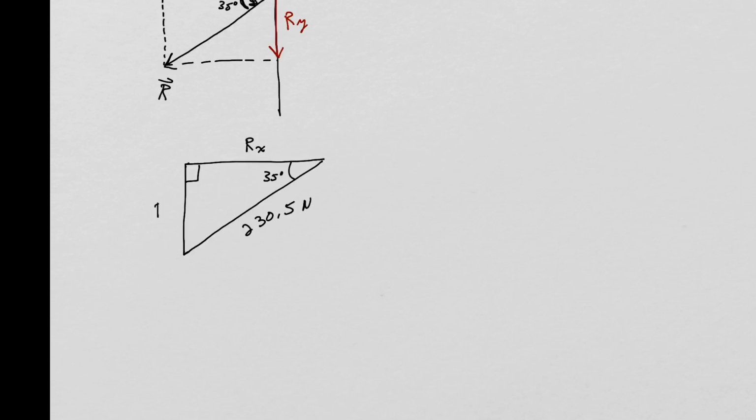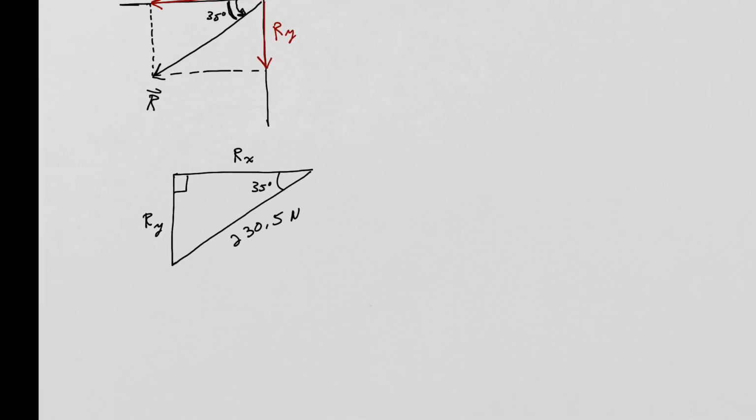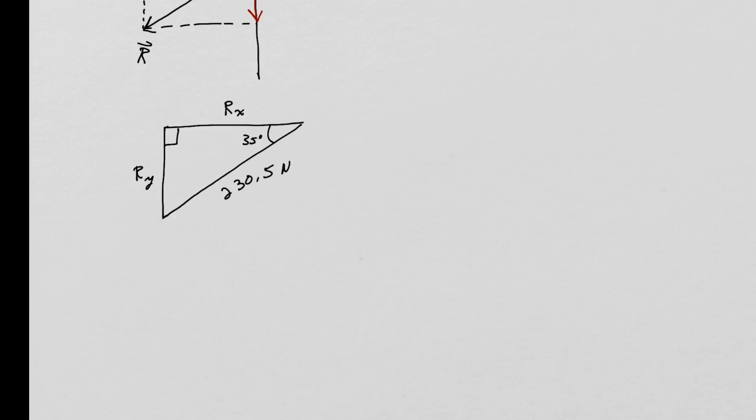And I'm looking for Rx and Ry. Now, since I have it just drawn as a triangle now, we can't really have negative lengths of the legs. So we assume that Rx and Ry are positive, but then we attach the correct sign later, based on the direction of Rx and Ry. Okay, so we're just getting the magnitude now, and we'll attach the correct sign later. Okay, so let's do Rx first.